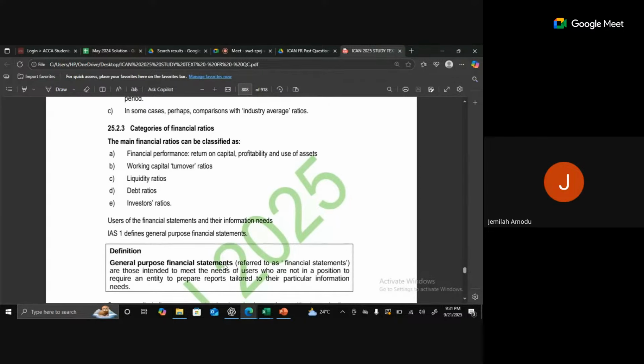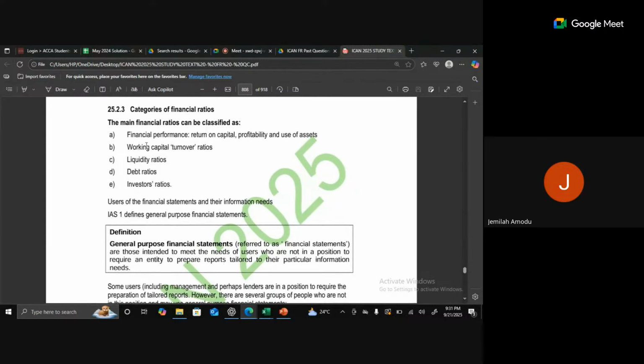Now, having said that, the next thing is for us to look at the various categories of financial ratio. And these are the five major categories of financial ratio, right? Now, when we are going through this, your mind should always be there, because sometimes the question might actually not be straightforward as to the particular ratio they want you to calculate, right?